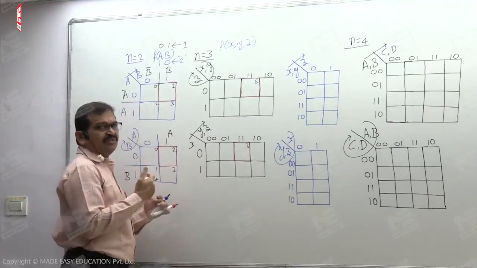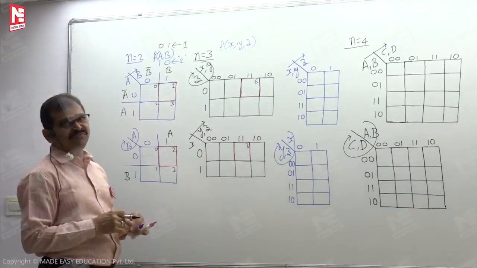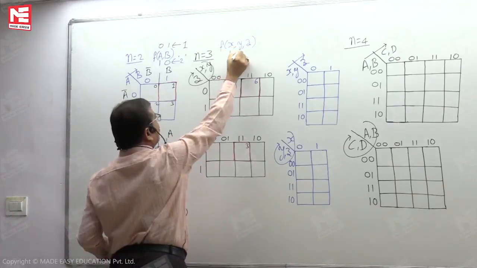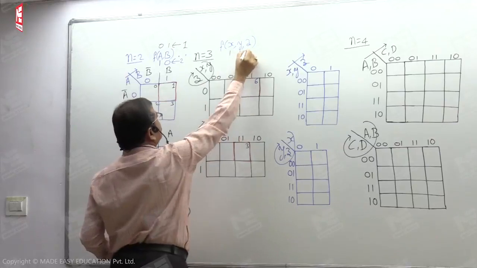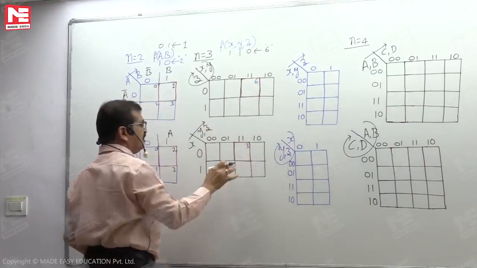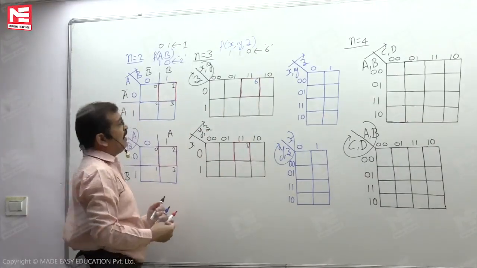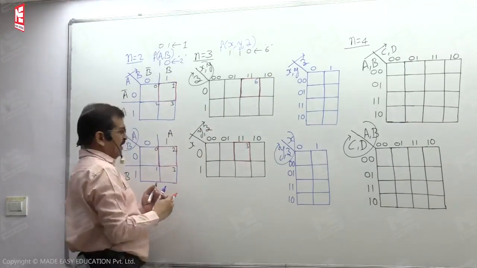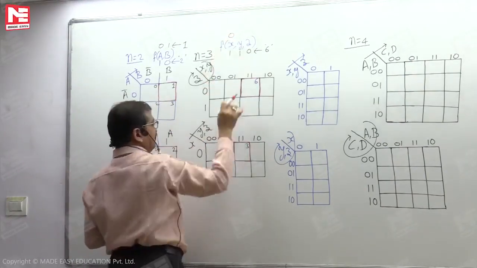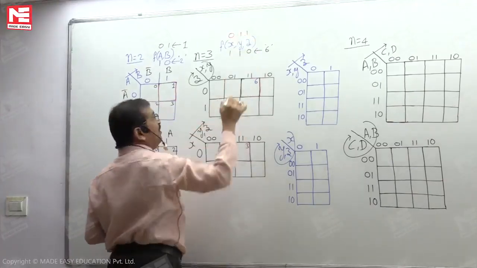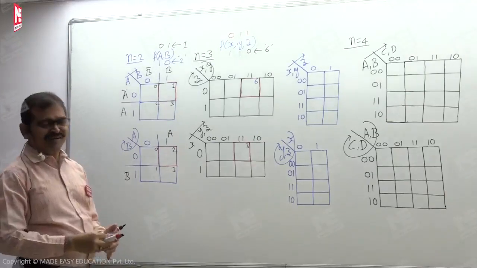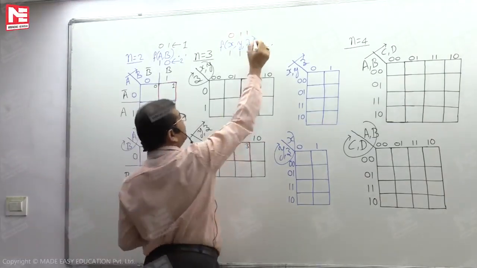How is it so? In the first, we have xy values 1, 1 and z value is 0. So we know the equivalent decimal value is 6. Coming to this, here x is 0, y and z are 1, 1. So because xyz values are 0, 1, 1, the cell number will be 3.